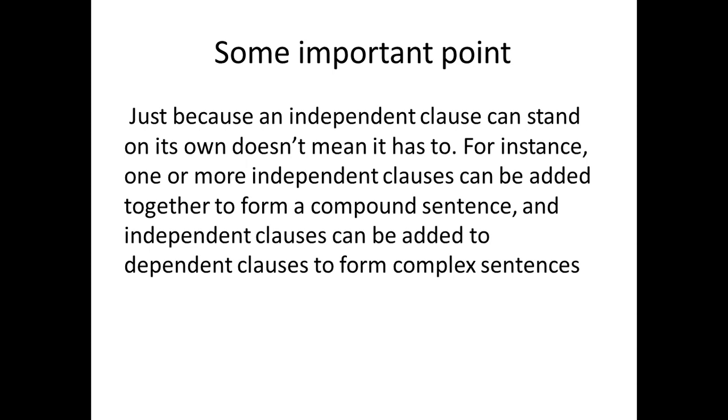While making complex sentences, we can combine one principal clause and many dependent clauses with the help of dependent markers or subordinating conjunctions. So a complex sentence is made by combining one main clause and many subordinate clauses or dependent clauses.